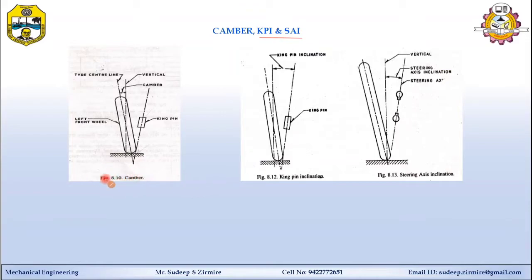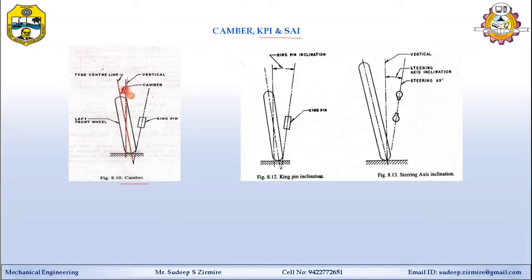What is meant by camber? It is the angle made by the front tire of the vehicle from the imaginary vertical plane or line. You can see the line is going here. So the angle formed between these two lines is called the camber angle.